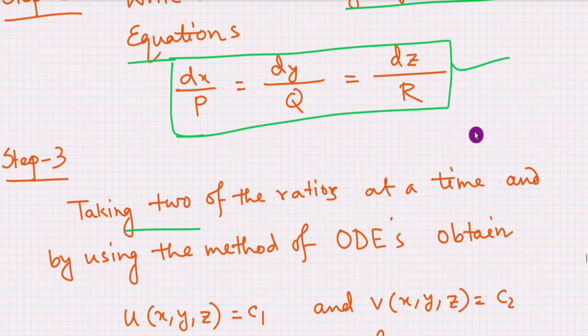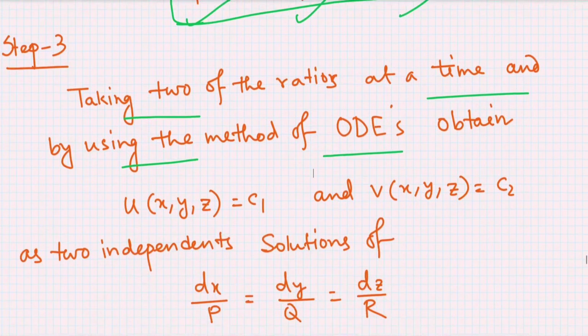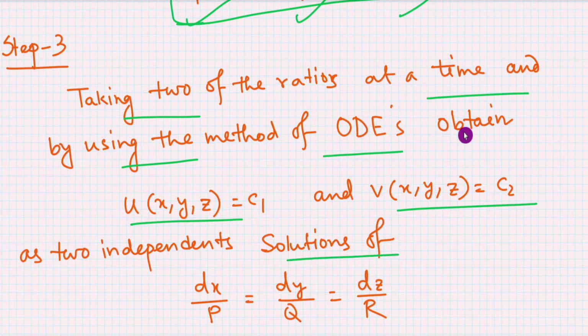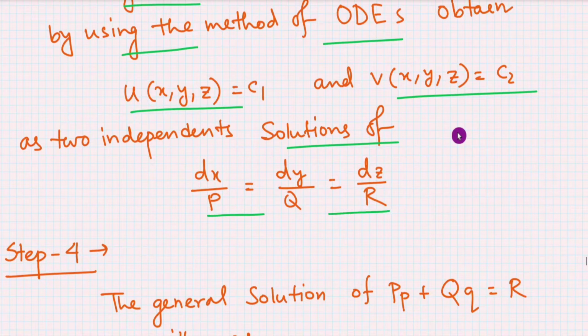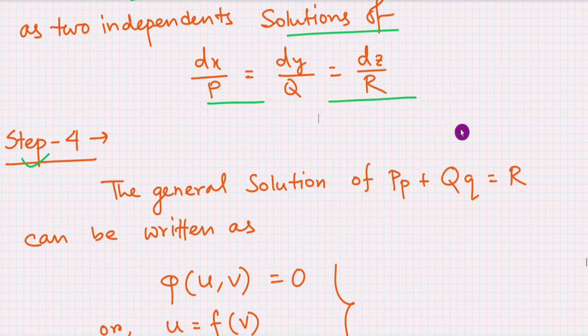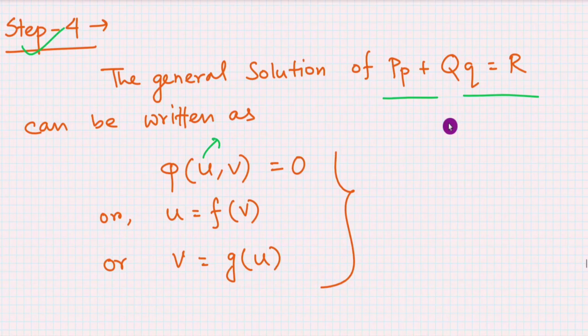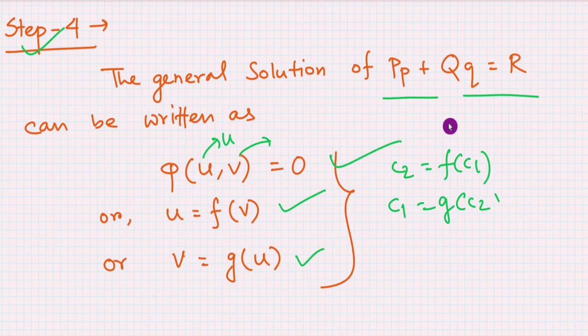Then step 3: there are three ratios, so taking two ratios at a time and using the method of ODEs, we obtain u(x,y,z) equal to c1 and v(x,y,z) equal to c2 as two independent solutions of dx by P equal to dy by Q equal to dz by R. Then step 4: the general solution of Pp plus Qq equal to R can be written as phi of u, v equal to 0, or u equal to f(v), or v equal to g(u), or in general c2 equal to f(c1), or c1 equal to g(c2), or phi of c1, c2 equal to 0.